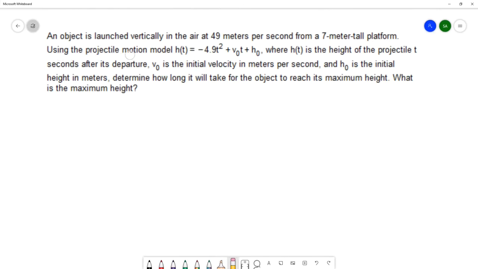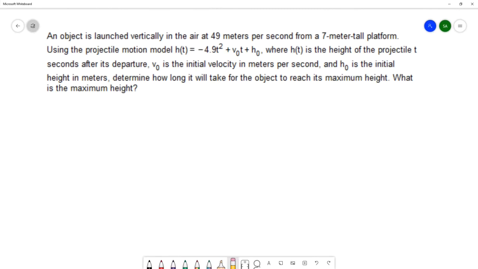Using the projectile motion model, h of t equals negative 4.9 t squared plus v naught t plus h naught, where h of t is the height of the projectile t seconds after its departure, v naught is its initial velocity in meters per second, and h naught is the initial height in meters. Determine how long it will take the object to reach its maximum height. What is the maximum height?